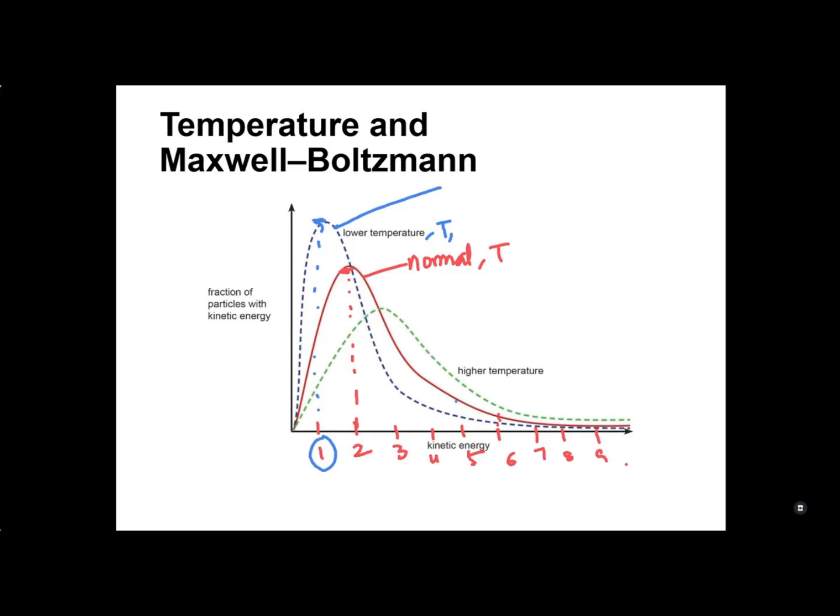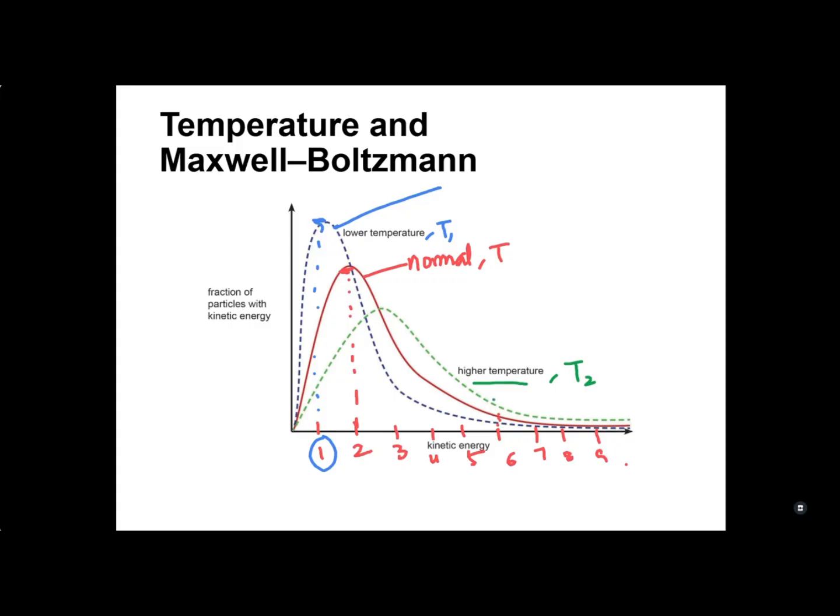Got this, everybody? Now we are looking at the other graph, the green graph. The green graph is representing higher temperature. Let's say we label it T2. At a higher temperature, that means the particles' kinetic energy will increase or decrease? Increase, very good.